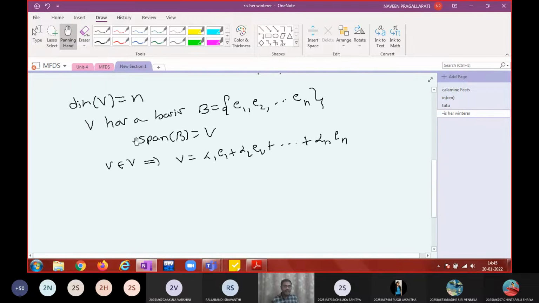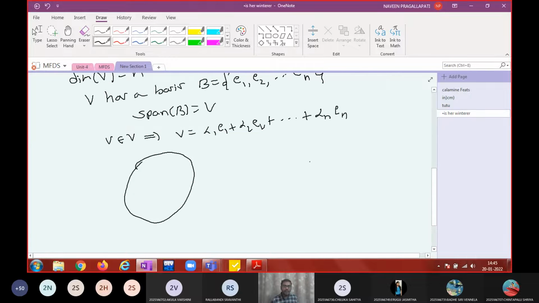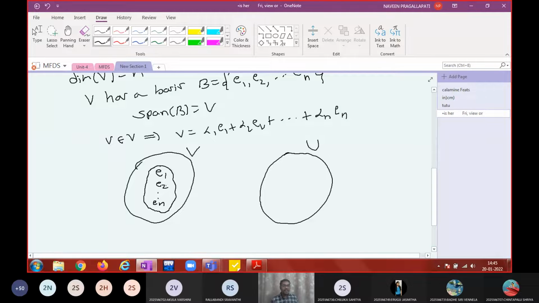Okay, what I am telling is, you have V, you have U. There is a basis E1, E2, and so on En, which is spanning the entire set, generating the set V, because this is a basis.